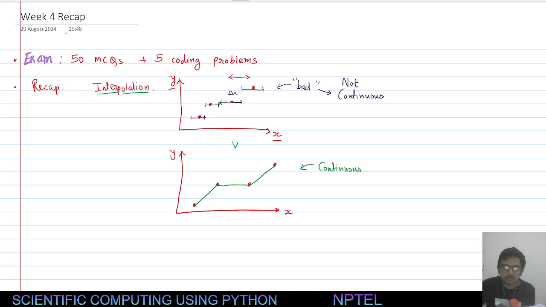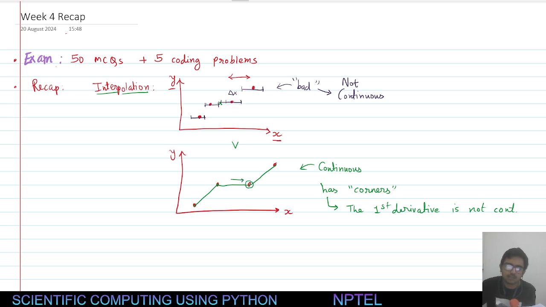But now the issue is that it has kinks or corners. What do we mean by that? Mathematically, the slope, or the first derivative, is not continuous. Let's take this point for example.